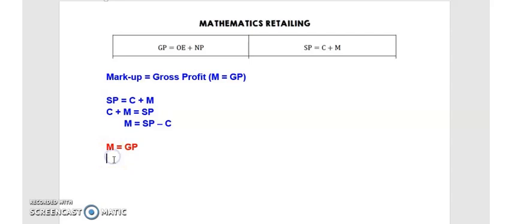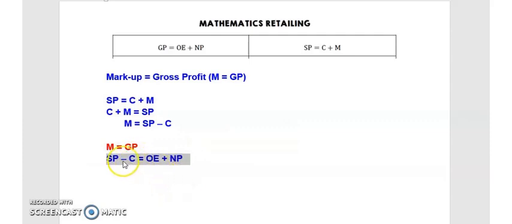Here markup equals selling price minus cost. Then this equals gross profit. So what is gross profit? OE plus NP. Now you have one equation that has all factors in it.